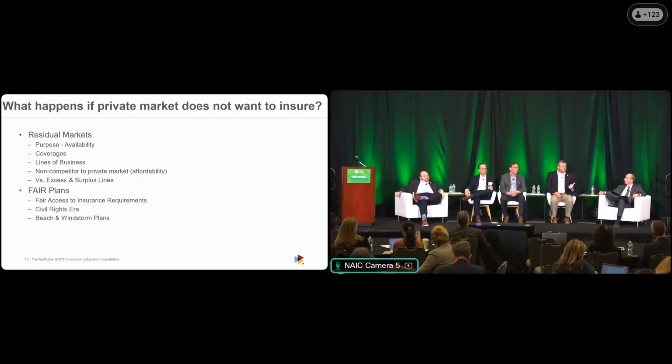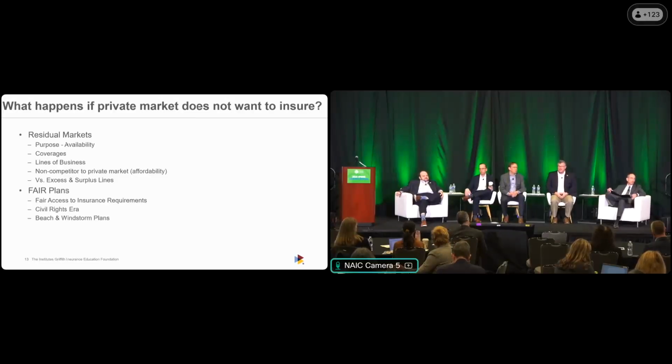So fair access to insurance requirements, where did it come from? Well, this actually came out of the 1950s, 1960s, and part of the civil rights era, where there were certain areas where some people did not want to sell. In banks, they called it redlining, right? In insurance, we have very similar problems. There were certain parts, especially in urban areas, where the companies did not want to underwrite. So with fair access to insurance requirements, the idea was passed at the federal level that each state was going to develop its own fair insurance company to underwrite risk in those states.